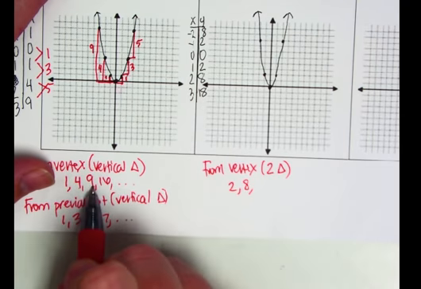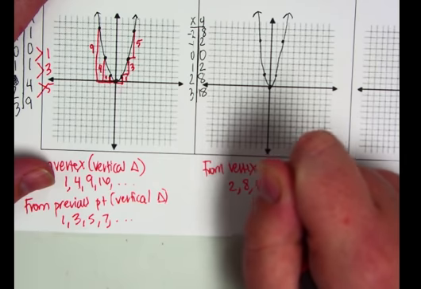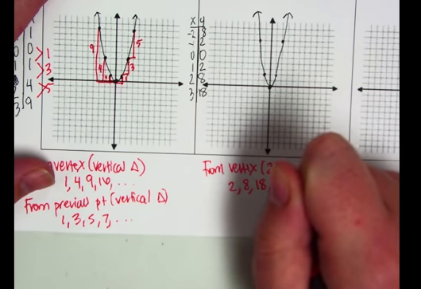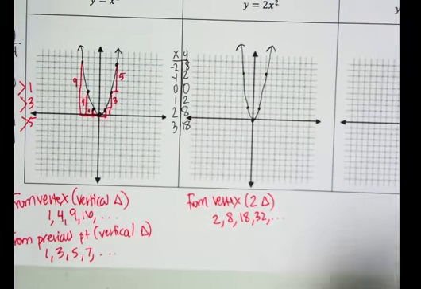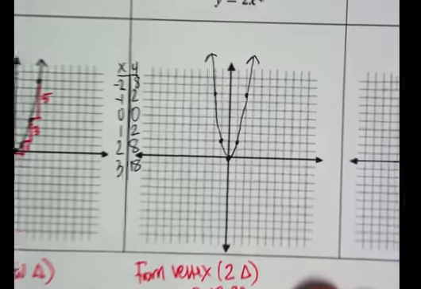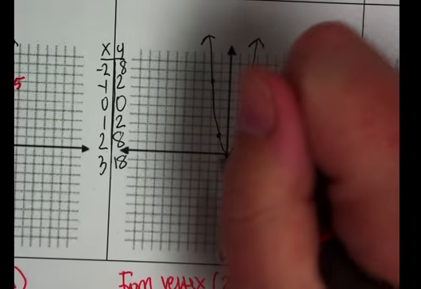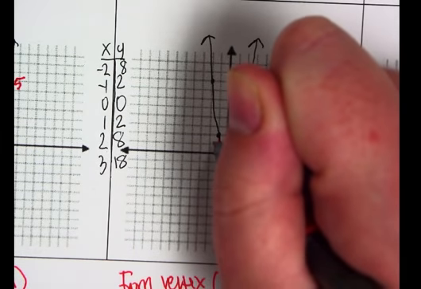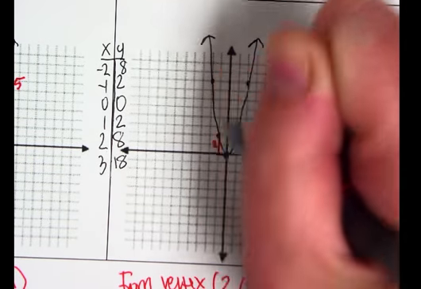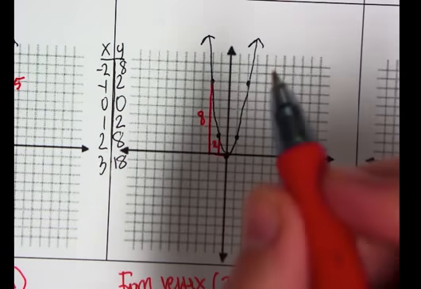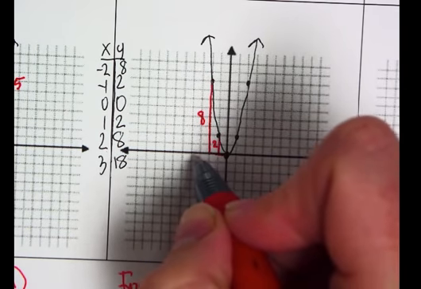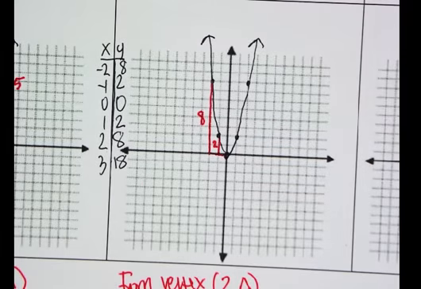Originally we went up 9, so now we'll go up 18, and then 32, and so forth. So on the graph, we can see that, and this is just from the vertex again. So we went over 1, up 2, and then if we go over 2, we went up 8, and then over 3, up 18, and so forth.